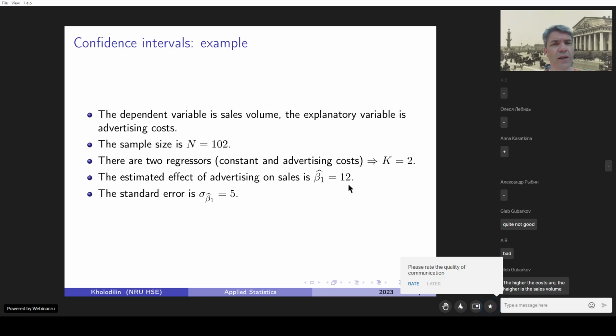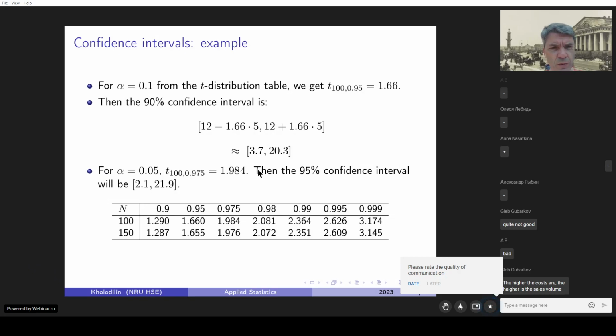We know that these are random numbers, so in some sample it can be 12, in another sample it can be 3. So we would like to be more confident about this value of the estimated coefficient. So first, we compute the confidence interval. So how do we do this?